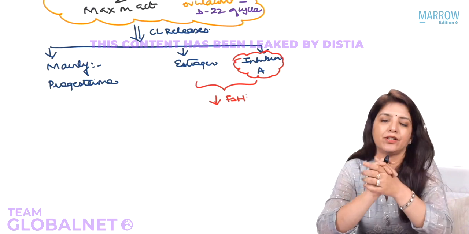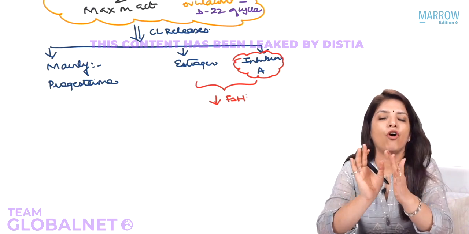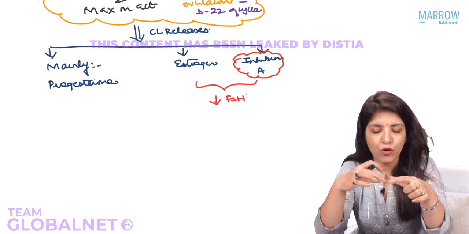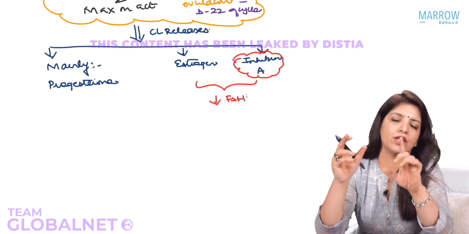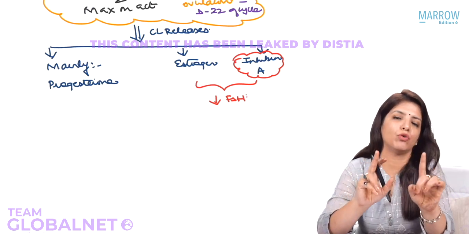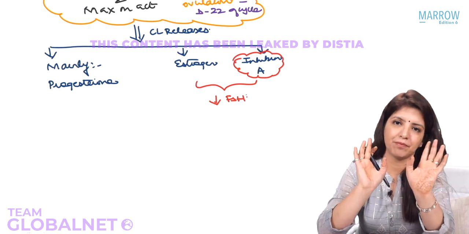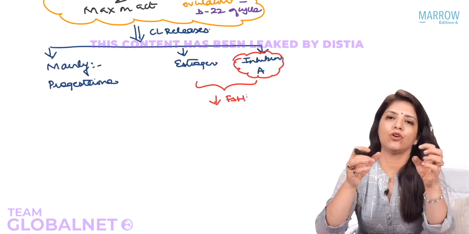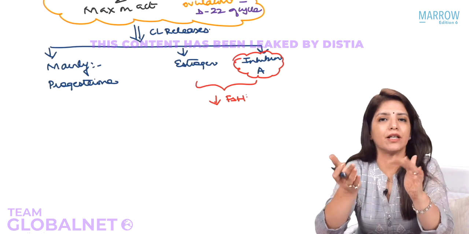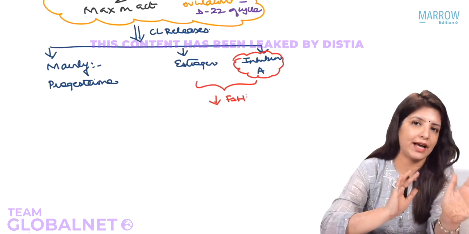Now another thing, corpus luteum of pregnancy, apart from secreting these 3 hormones, also secretes one more hormone, and that is relaxin. Normally it will not secrete relaxin, but during pregnancy corpus luteum secretes relaxin.